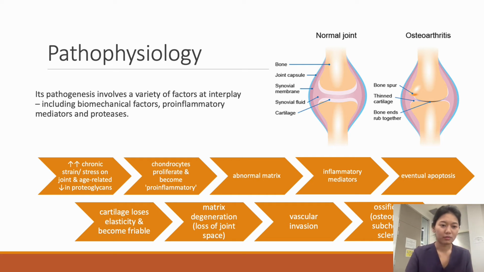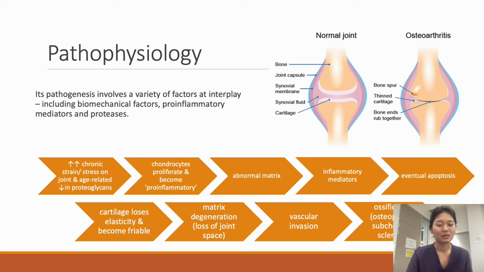So we have chronic stress and strain on the joint and an age-related reduction in proteoglycans. Proteoglycans are a key component that makes up your joint cartilage.